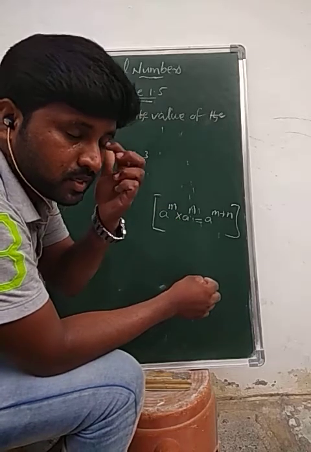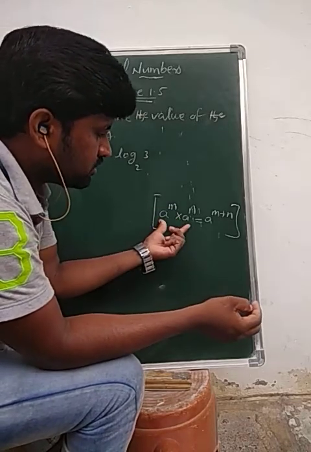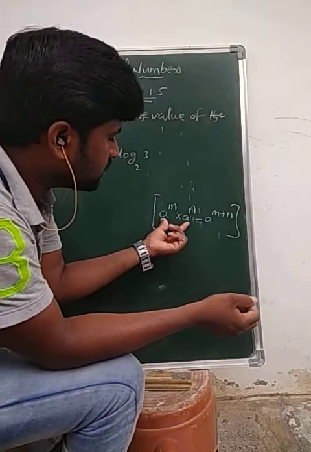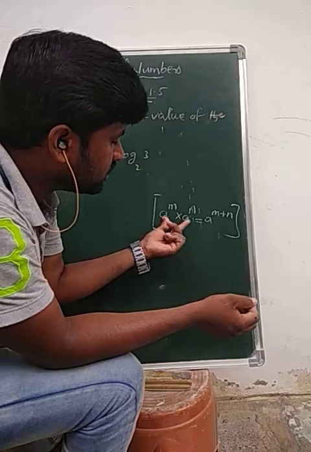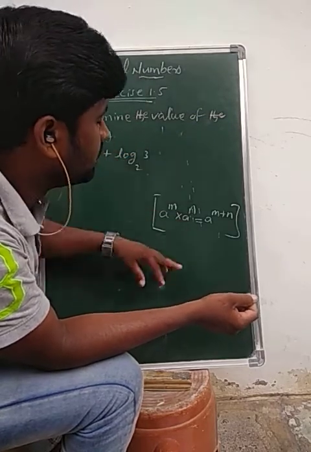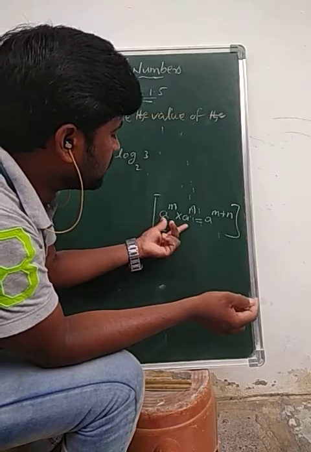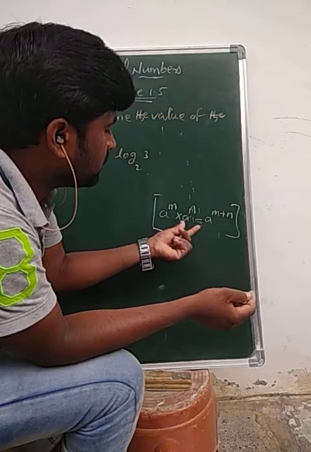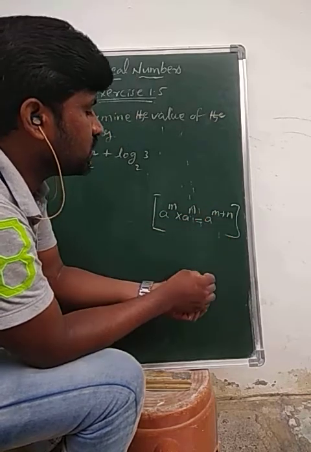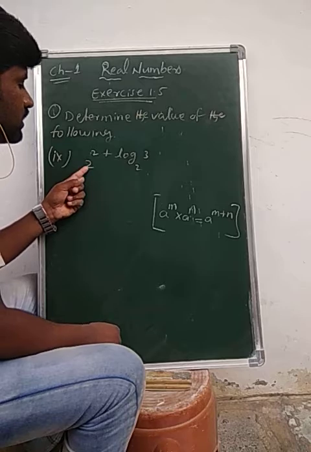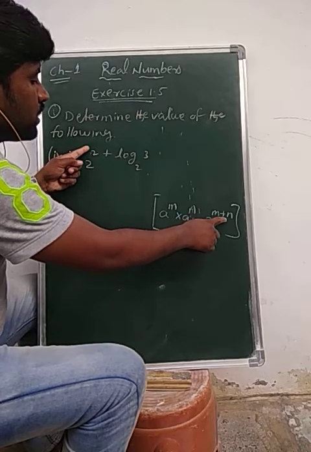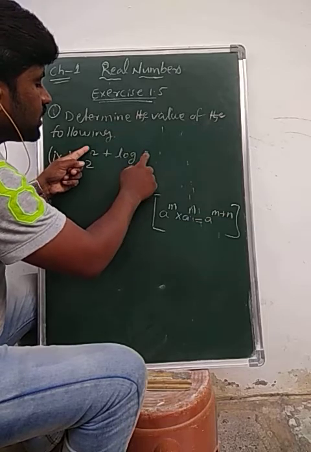The same base is there, but the powers are different. So we can write it as a power m plus n. Since the base is the same, the powers get added. Here a is 2, m is 2, and n is log of 3 to the base 2.